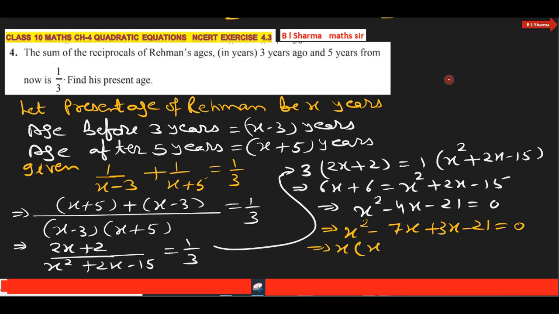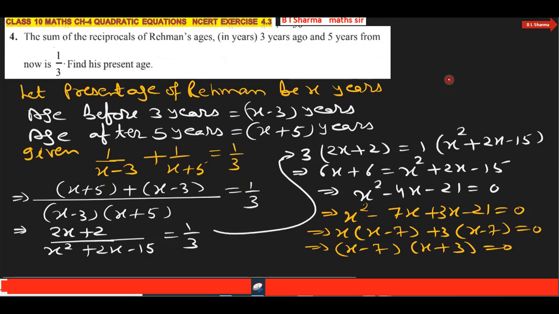Taking x common, x minus 7 plus 3 common, x minus 7 is equal to 0. Again x minus 7 and x plus 3 is equal to 0.